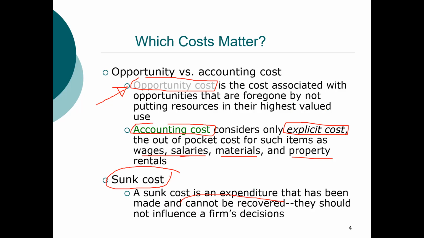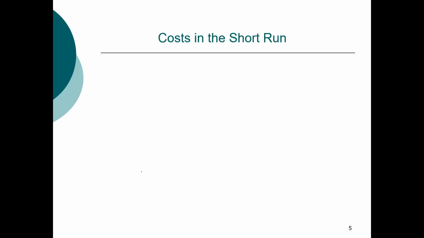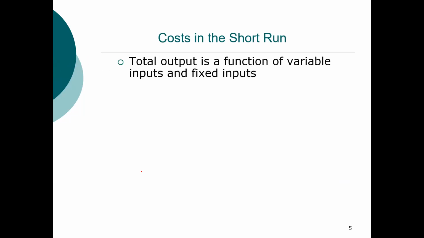The sunk cost is kind of a fixed cost, but not exactly, it's quite different. So the cost is already incurred and can't be recovered. And again, if we look at the short run, that is very important. Short run and the long run.